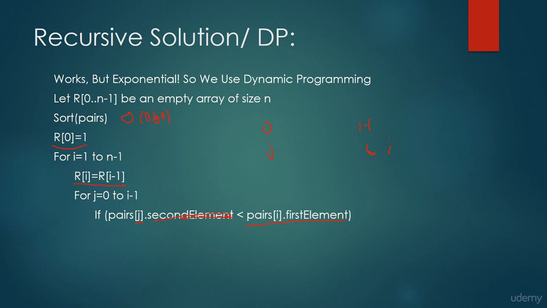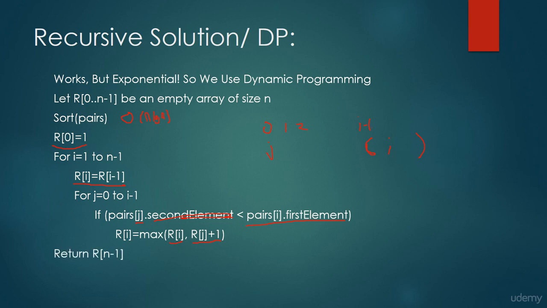So if it's smaller than the first element, then I set Ri equal to the maximum of its current value and Rj plus 1. Rj plus 1 here, because j fits with i, so I can set Ri to the maximum of both of them. And then I repeat this for j equal 0, 1, 2, all the way to i minus 1.